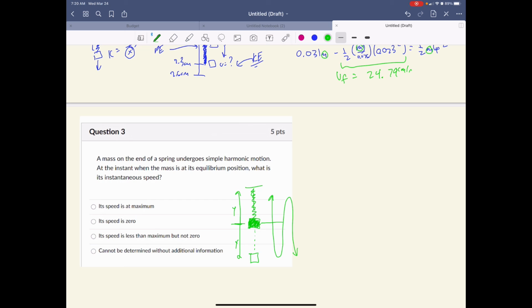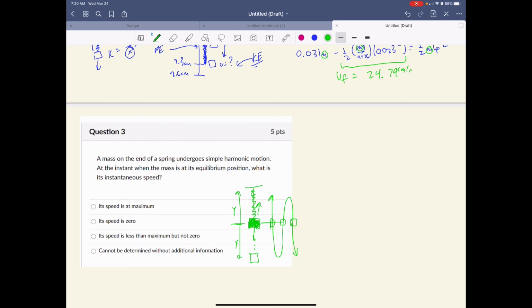So that's the equilibrium position. What I'm trying to say is that that's the position where the potential energy of the spring is 0. It takes you pulling it down or lifting it up to give it potential energy to cause it to start to oscillate.